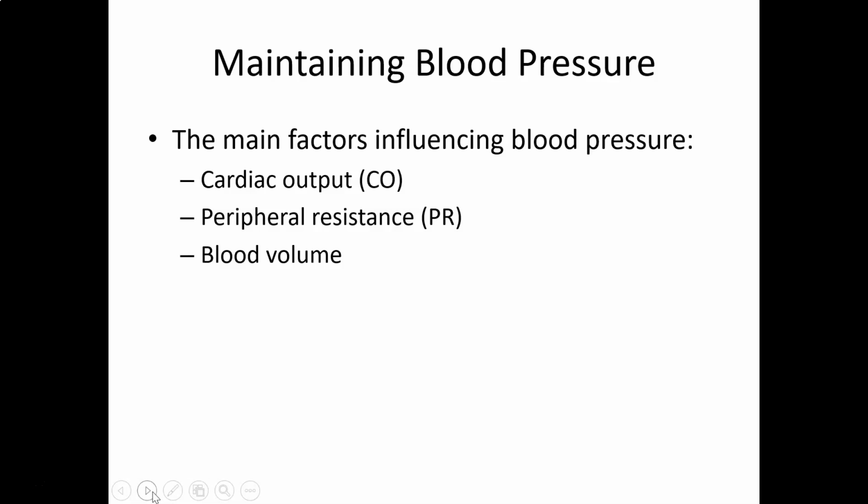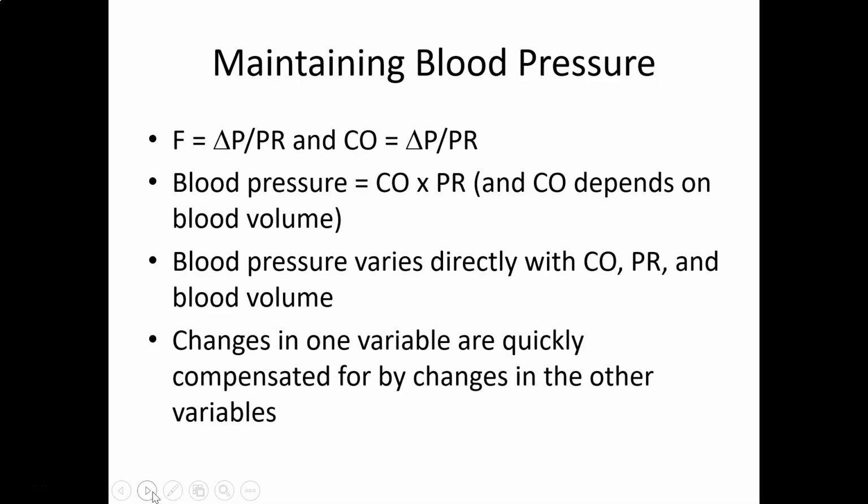This makes perfect sense. Here's the math if you really care. So let's translate from math to English. Cardiac output, resistance, and volume. Cardiac output is how much blood your heart's pumping out. The more blood your heart pumps out, the more pressure you have. Perfect sense.